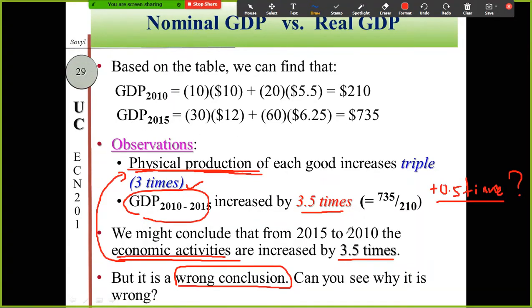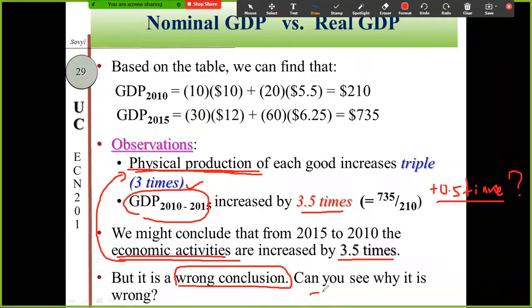But based on GDP, we can say 3.5 times, because GDP represents the total market value of final services that we produced in one period of time in one country. But why do the activity of producing and the GDP, the measurement that we use in order to measure the economic activity, give different amounts?